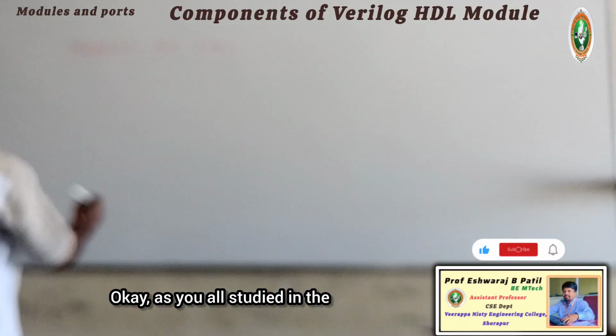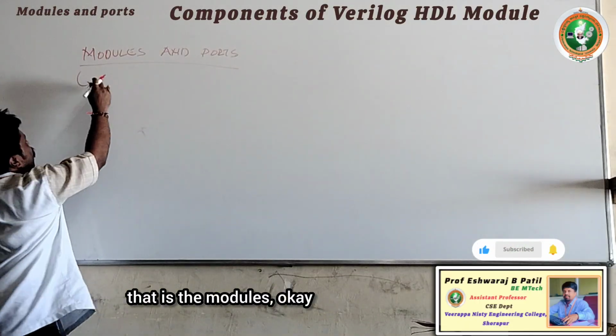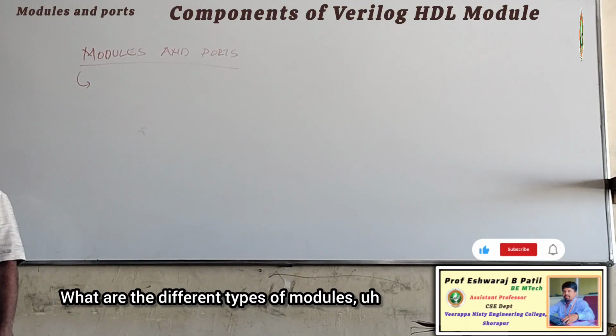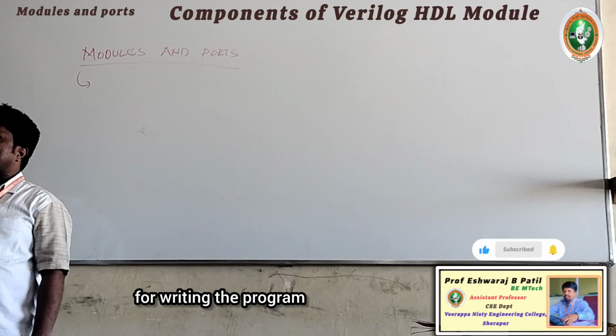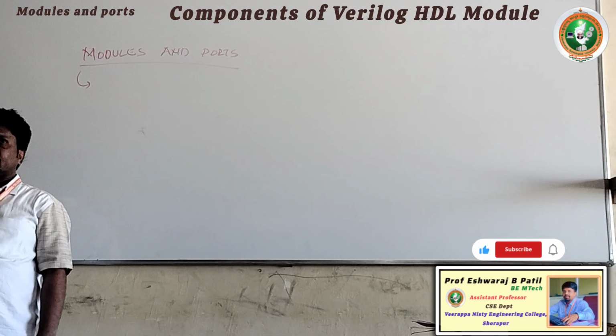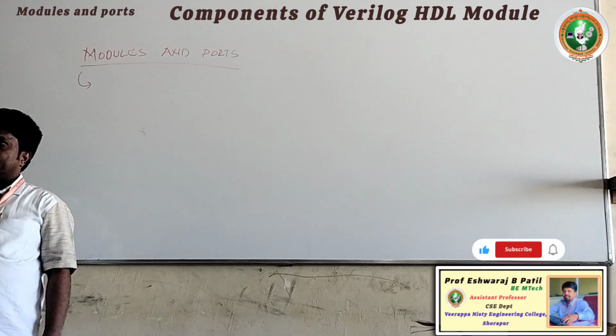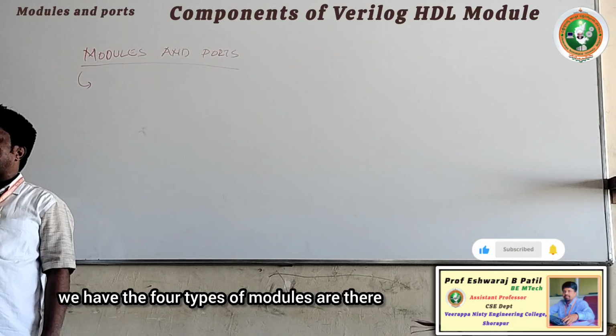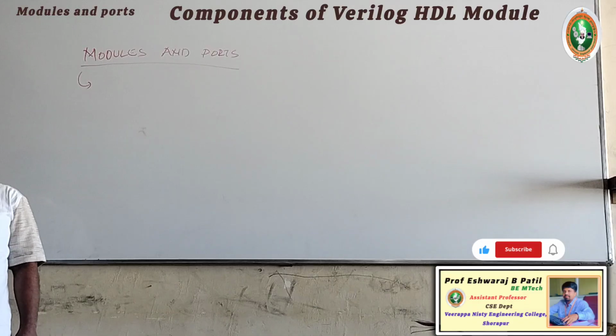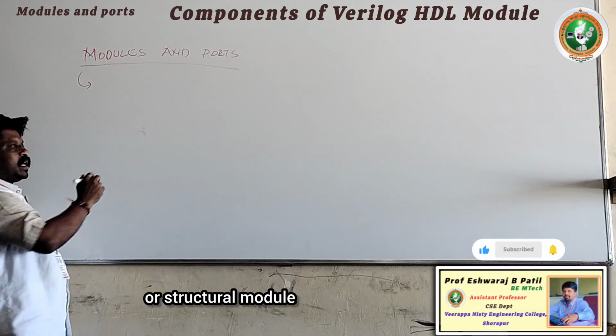As you all studied in the previous class, that is the models. What are the different types of models for writing the program? How many are there? Based on the abstraction level, we have four types of models. One is the gate level or structural model.